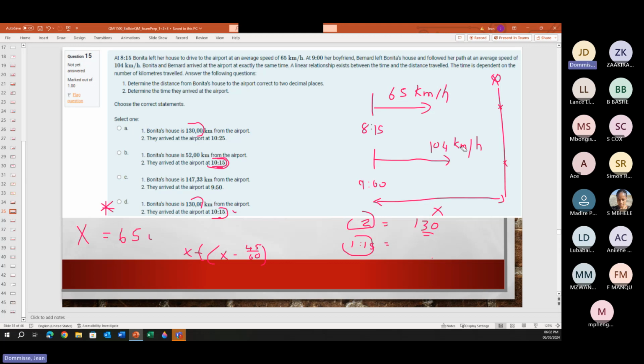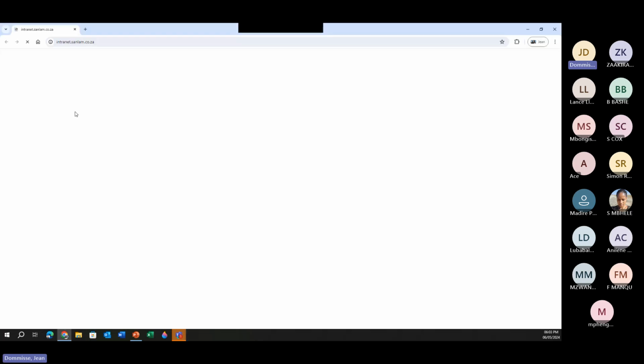So we know the distances are similar. And what's the formula for average speed? Let's just get those basics down.